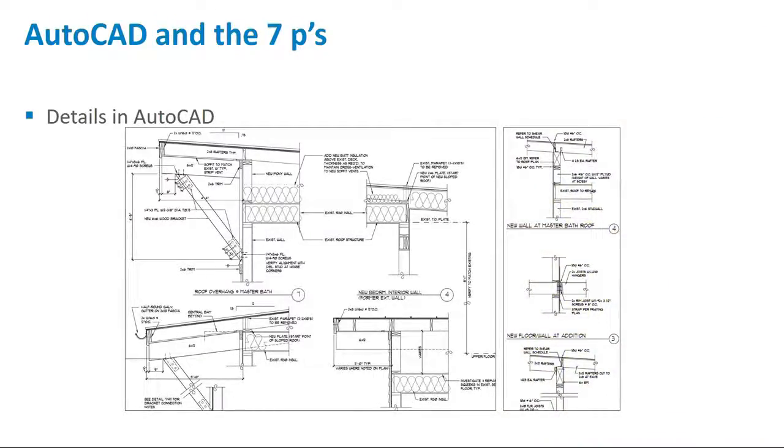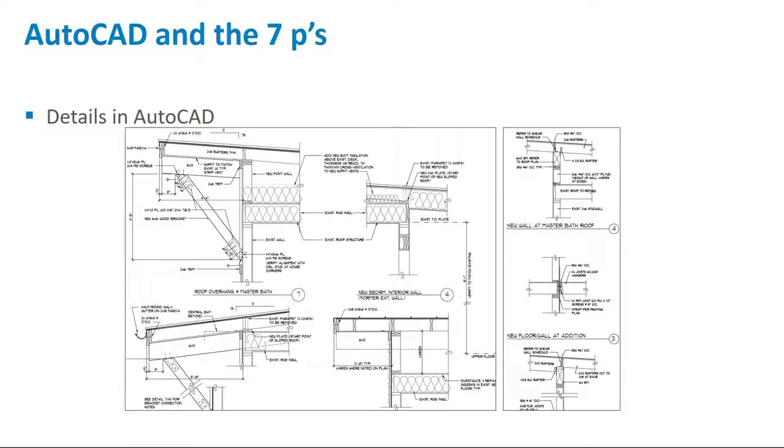So this is a really good example of a set of details created in AutoCAD. The thing is that if you brought these details into Revit, there'd be absolutely no link between what you've got as a building and the detail.